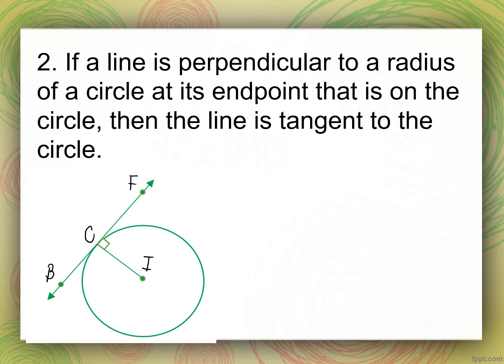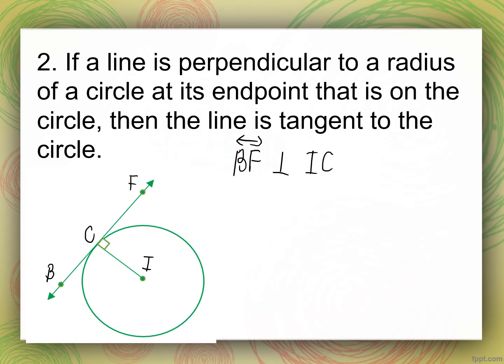So this time, what's given here is that you have a line. So let's use the same figure. So we have here a line, which is BF, okay? And we know that this line BF is perpendicular to a given radius, which is IC, right?